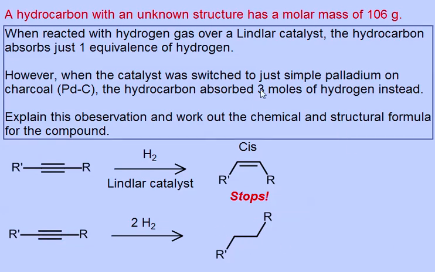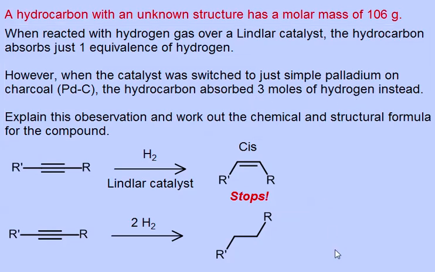But the question tells us that 3 moles of hydrogen are absorbed altogether. So the triple bond only explains 2 equivalents being absorbed. So that third and last equivalence of hydrogen, when we're using just normal run-of-the-mill palladium on charcoal, suggests that somewhere else in the molecule there's also a carbon-to-carbon double bond.